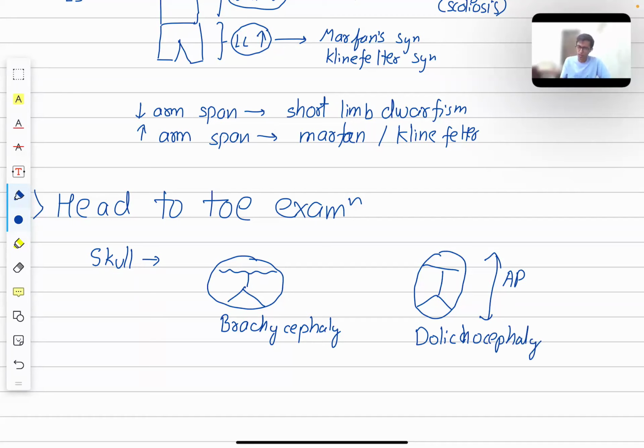Brachycephaly occurs due to premature closure of the coronal suture, whereas dolichocephaly occurs due to premature closure of the sagittal suture. You may have a prominent occiput in cases of Dandy Walker syndrome.